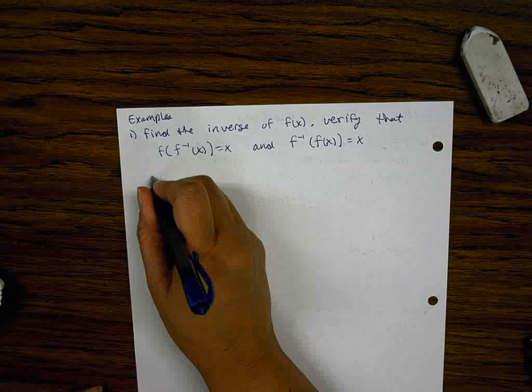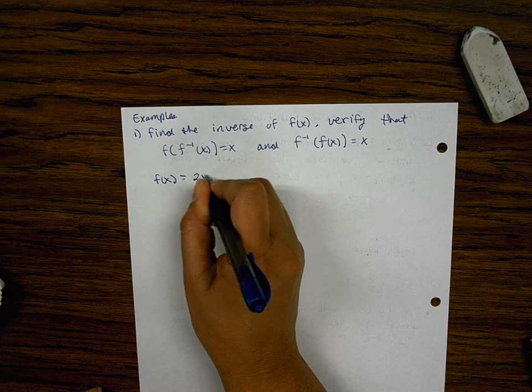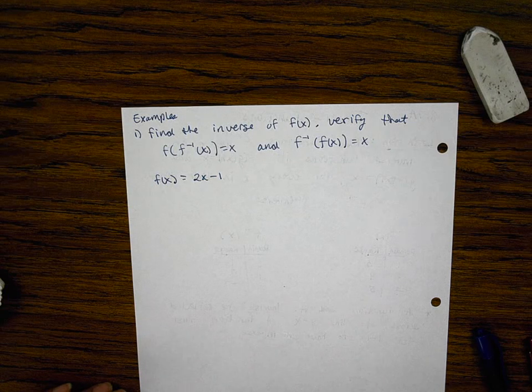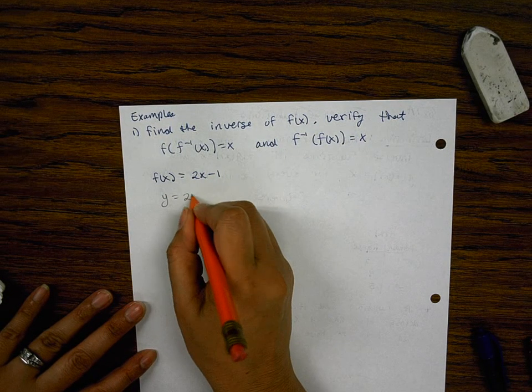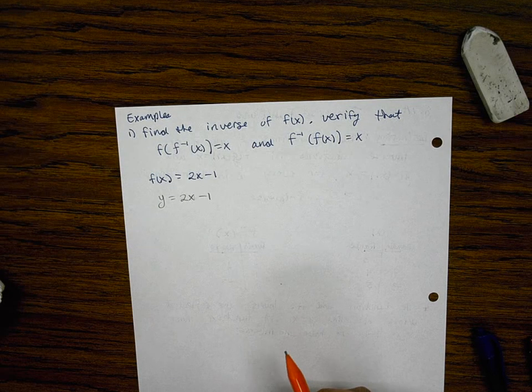All right, and here is the function. F of x equals 2x minus 1.